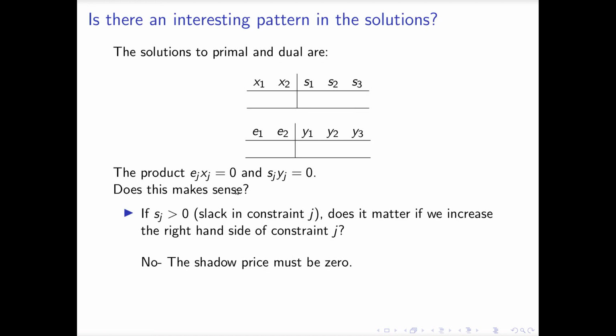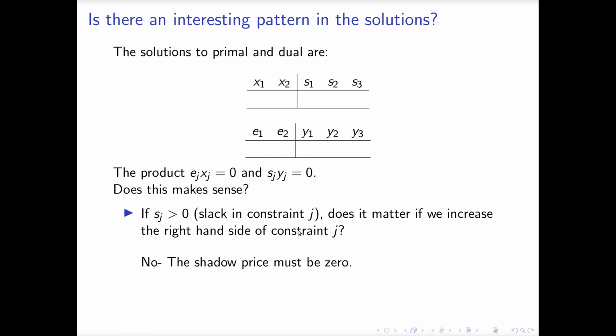I wonder if this makes sense. Suppose that I've got a slack variable that is positive in constraint j. That means that I'm not using all of the resources I have in constraint j, right? And so does it make sense that I would want to increase the right hand side of constraint j?